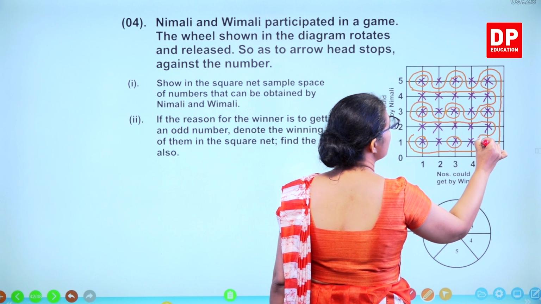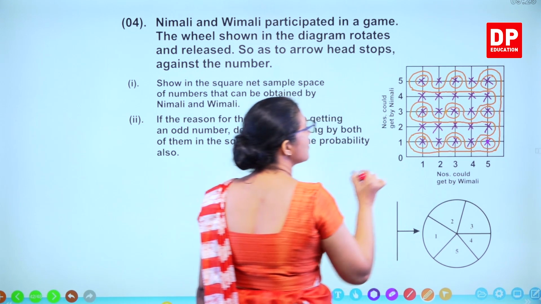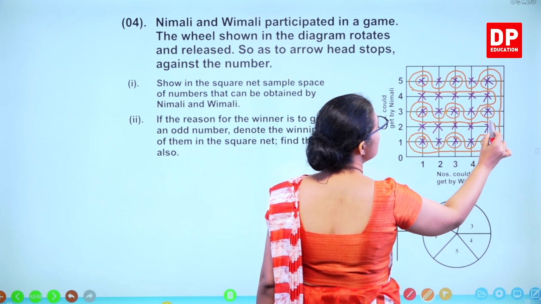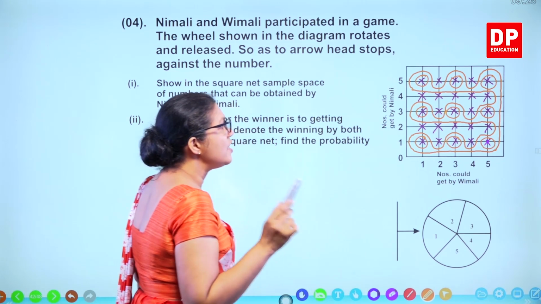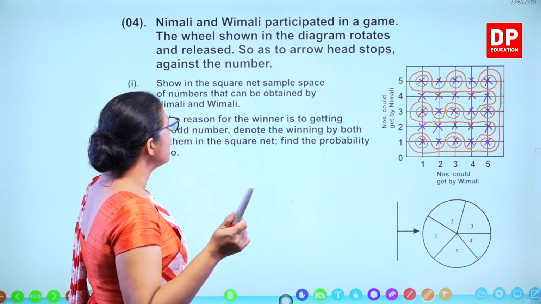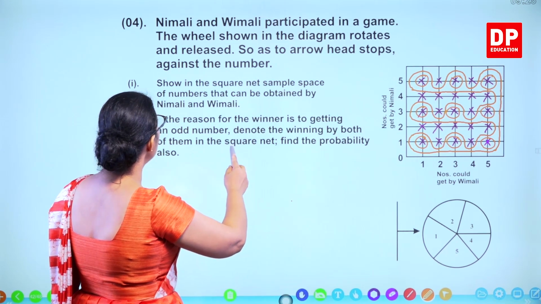And here this one. So only these possibilities are there. So these are the possibilities, winning chances for both, getting both odd numbers. So that's the net for that.